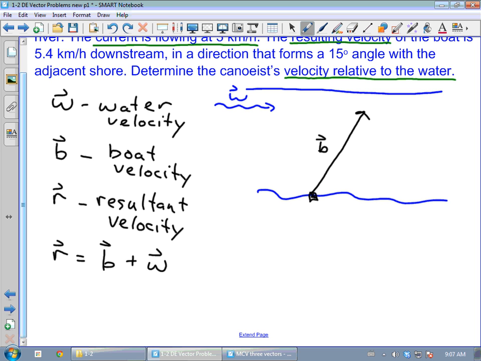She wants to do this. The current gets added to it to produce something other than what she intended to do. So if our current is coming along like this, we need to add it onto the boat's velocity, and then the vector sum of those two, I've got them tip to tail, is going to be our resultant velocity.